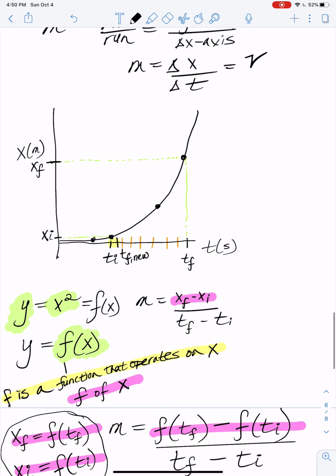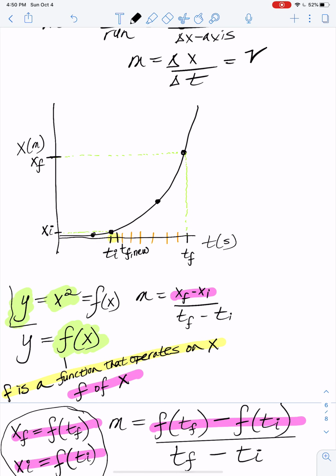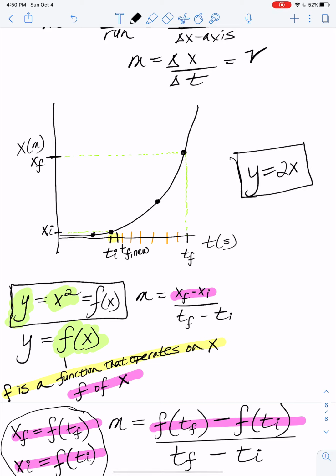Where'd it go? It's right here. And you do the derivative of it, and you get y equals 2x by doing the derivative. This is a function for its velocity.